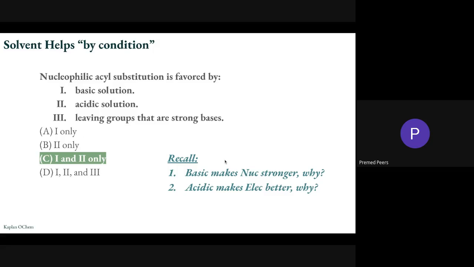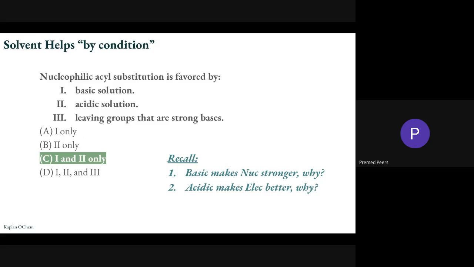So important things to remember from the previous lesson and this lesson again is that the basic solution makes the nucleophile stronger. Again, we talked about why last time. Remember the charge? And secondly, the acidity is going to make the electrophile better.